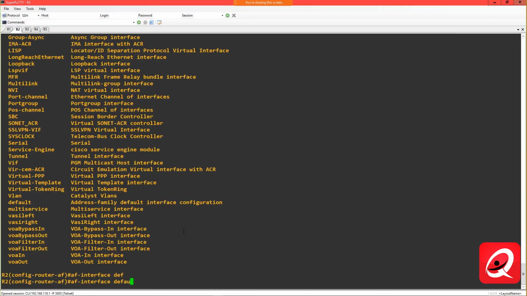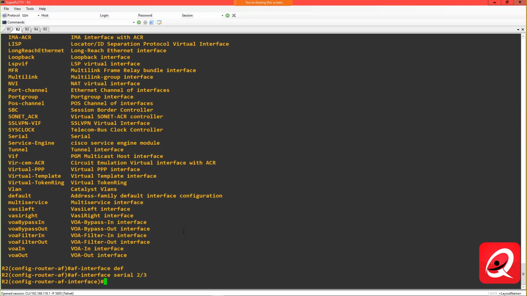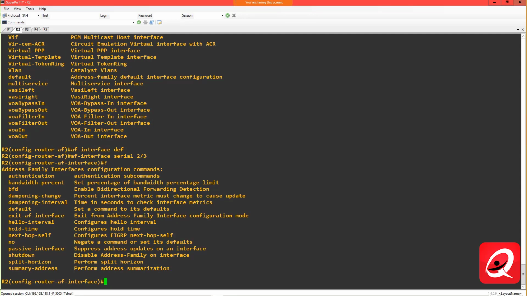Okay, so interface serial 2/3. Now let's see here if it's in here. BFD, passive interface, split horizon, summary address. That's interesting. I don't have offsets here.